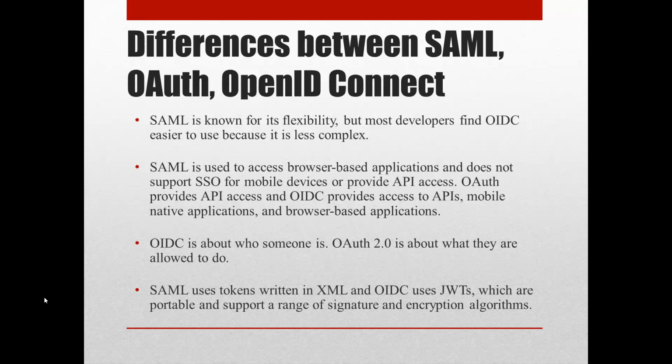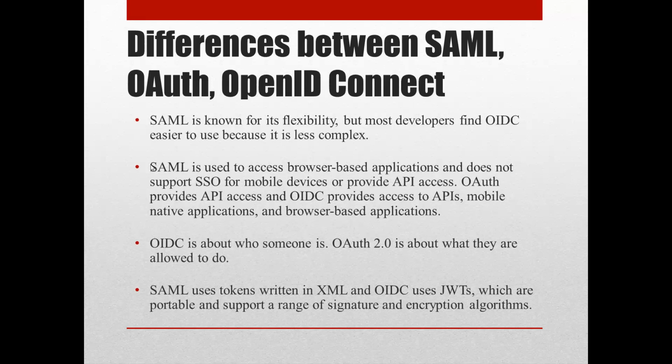And OIDC can provide both API access and mobile native applications and browser-based applications. Means OIDC is like an advanced protocol, providing both the SAML protocol feature and the OAuth protocol feature.